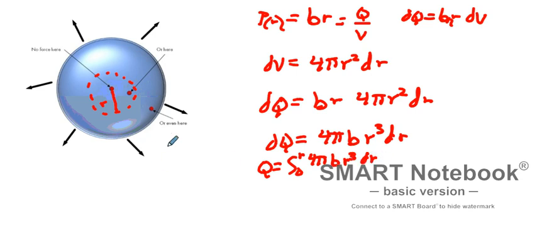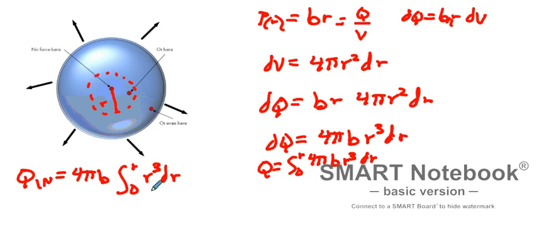All right, now let's write that over here, and let's get our constants outside the integral. So q, and this is going to be q inside our Gaussian surface, is equal to 4 pi b times the integral from 0 to r of r cubed dr. Now, of course, the integral of r cubed is r to the 4th divided by 4.